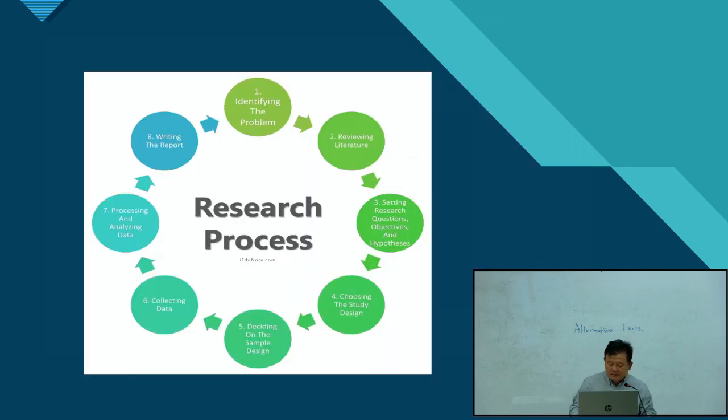The process. First step, you identify the problem. What kind of problem? What kind of issues? More exactly, identify the problems and the issues. And the next step is reviewing literature.